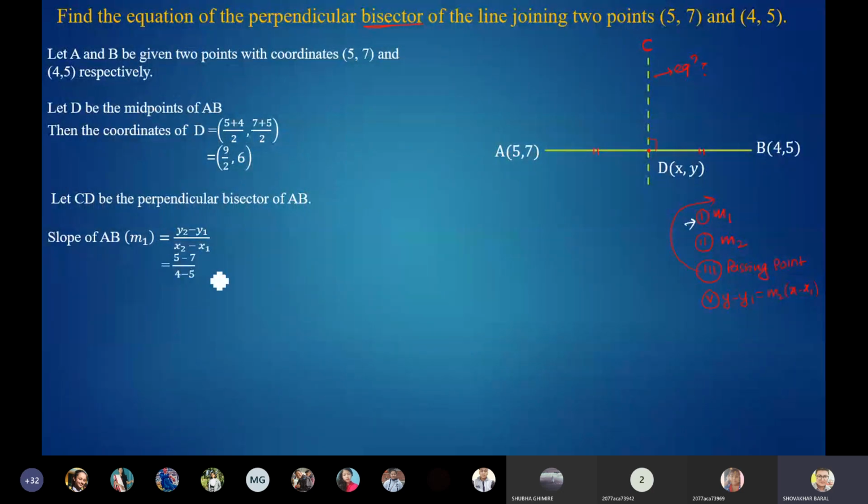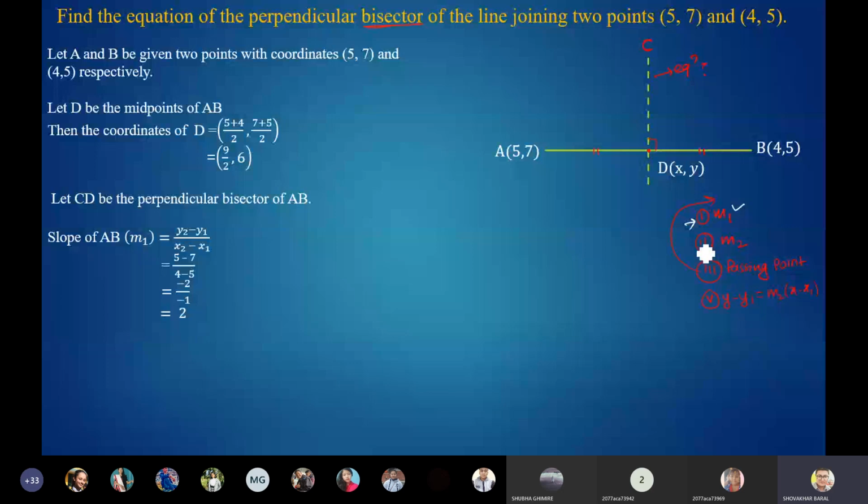So it will be (5 minus 7)/(4 minus 5). I hope you understand this. 5 minus 7 is minus 2 and 4 minus 5 is minus 1. So minus 2 by minus 1 is equal to 2. So this step, M1, is already done.